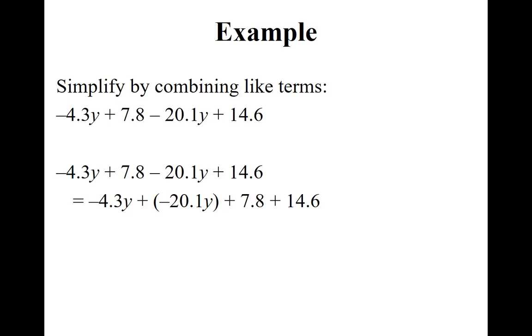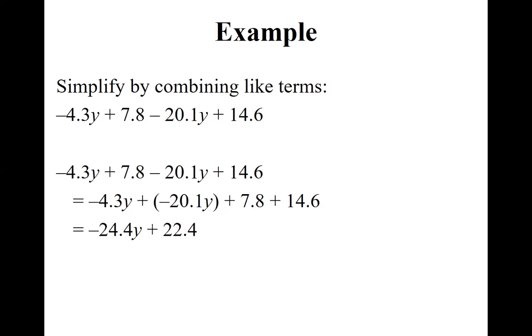Adding two numbers with the same sign, common sign is negative, we're going to get a negative answer. Negative 4.3 of them plus negative 20.1 of them. We would add those numbers and get 24.4. So negative 24.4y.